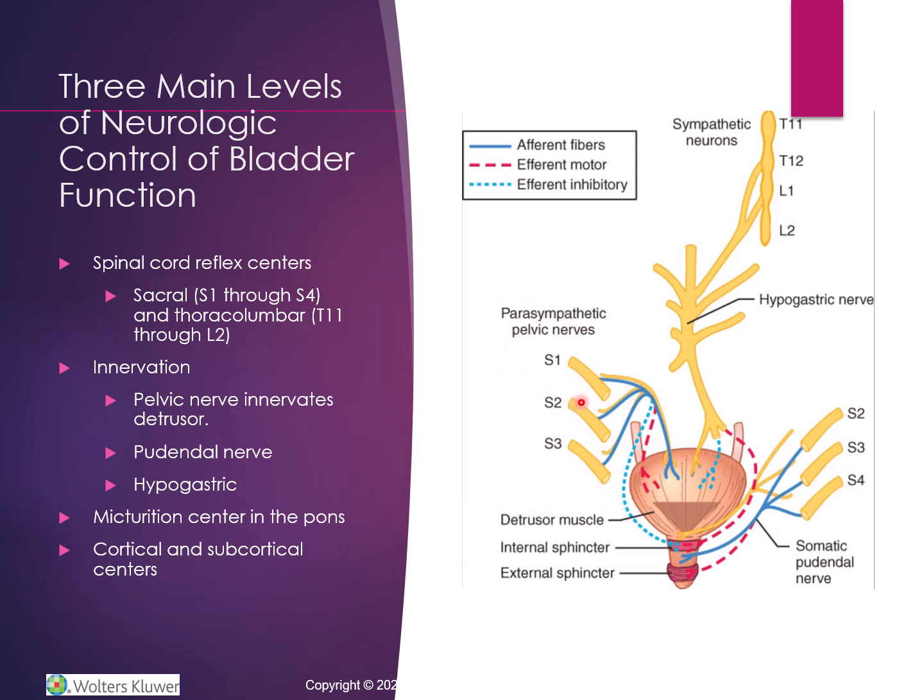So for the bladder to empty, we need that parasympathetic nervous system. For the bladder to store or to expand and hold urine, that is the sympathetic nervous system's job to allow additional storage. And the somatic nervous system is responsible for movement of the sphincter.